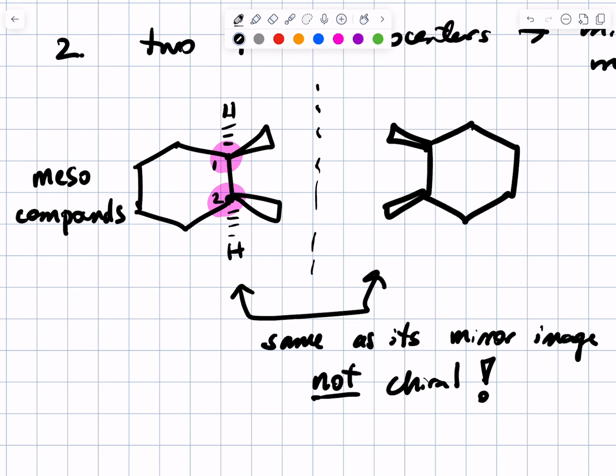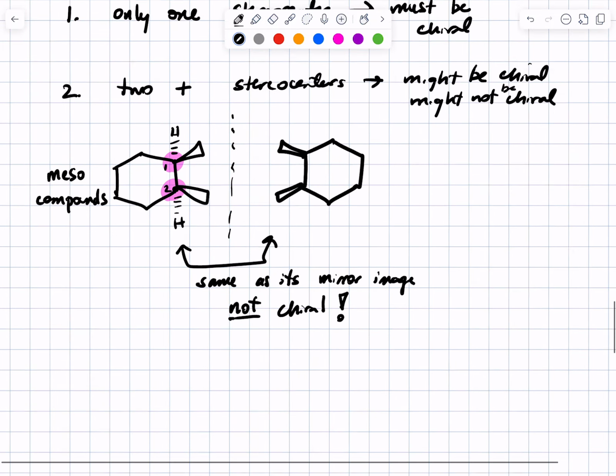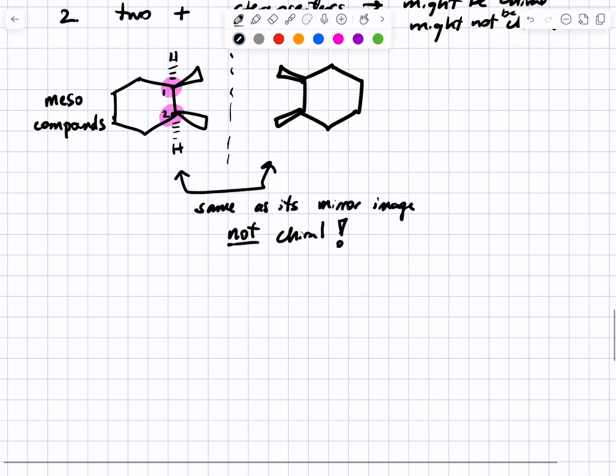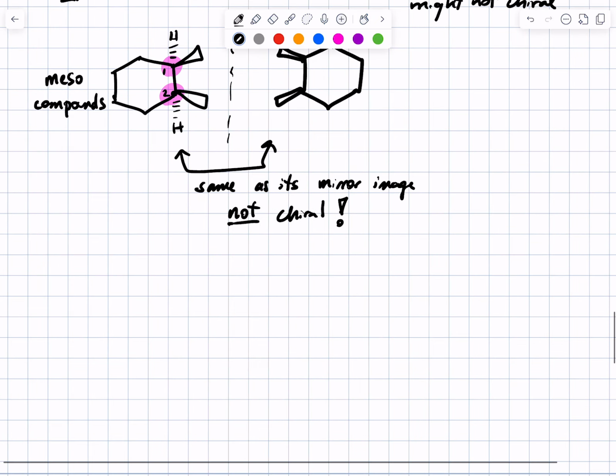And I have a lot of ways to conceal meso compounds from you. For example, at some point you're going to realize that in general, one good way to potentially draw an enantiomer is to switch all the dashes and wedges in a molecule. And that works except for meso compounds.